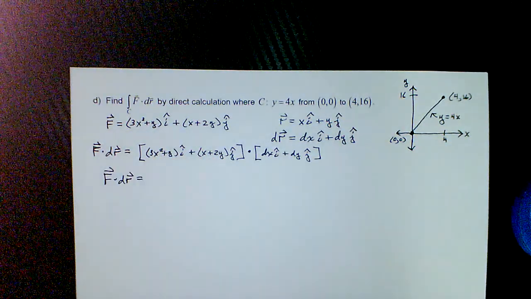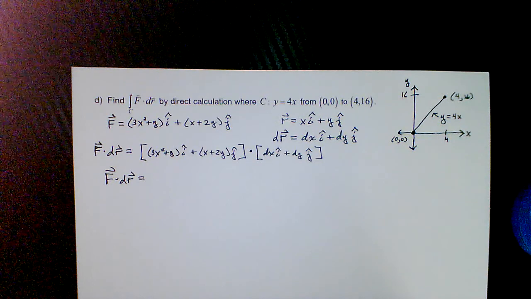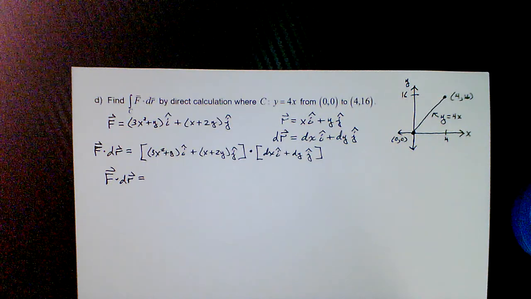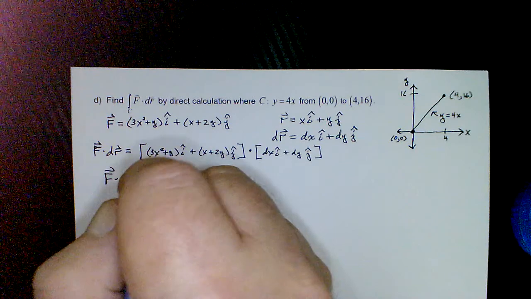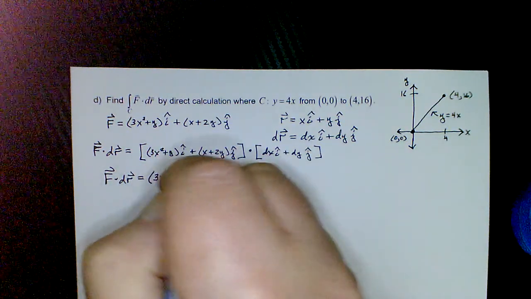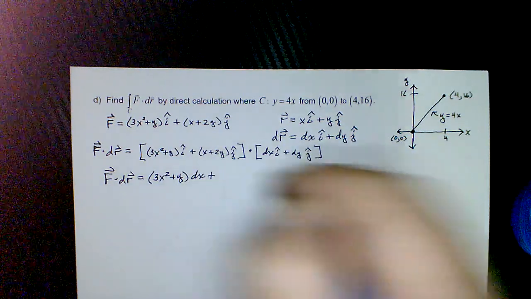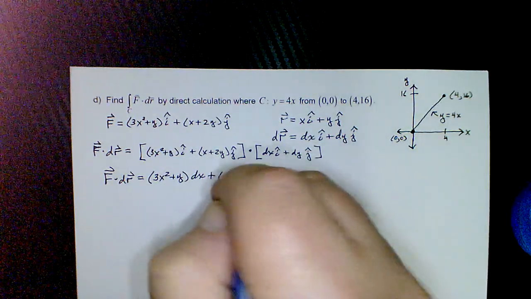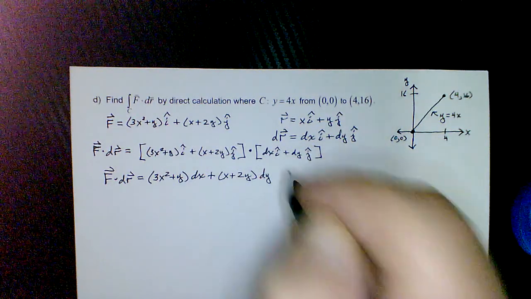We get that f dot dr. Okay, so recall dot products, i dot i is 1, j dot j is 1, i dot j is 0, j dot i is 0, so we just get 3x squared plus y dx, and then plus x plus 2y times dy.